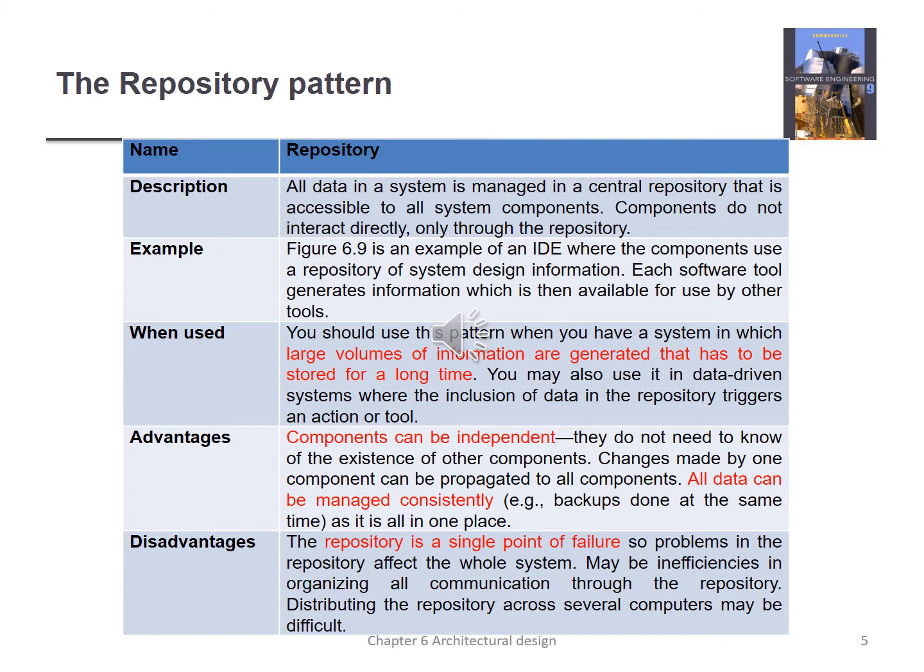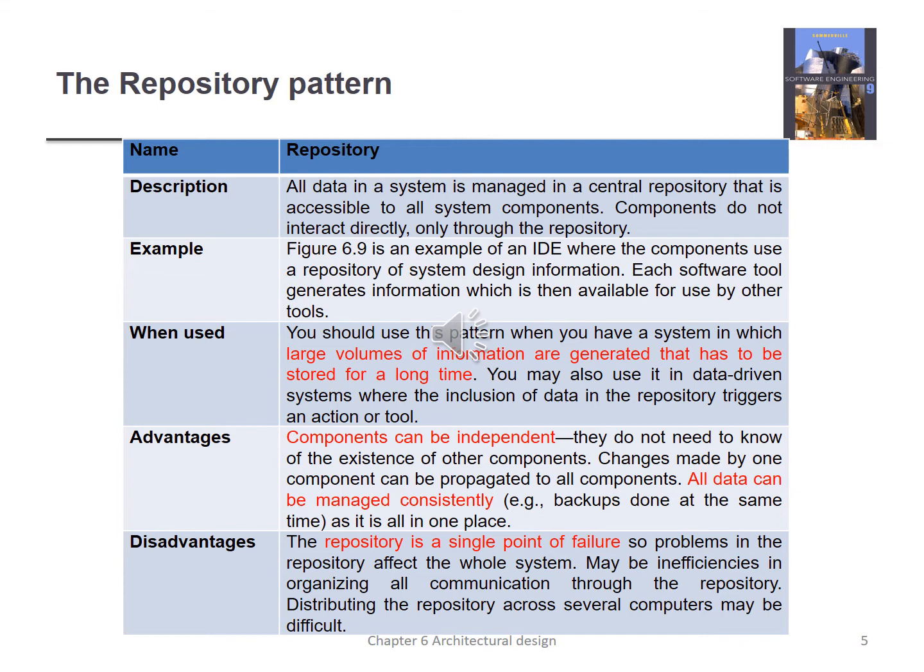Example 6.9, an example of an integrated development environment where the components use a repository of system design information. Each software tool generates information which is then available for use by the others. We'll see the example in a few minutes. When should you use this pattern?